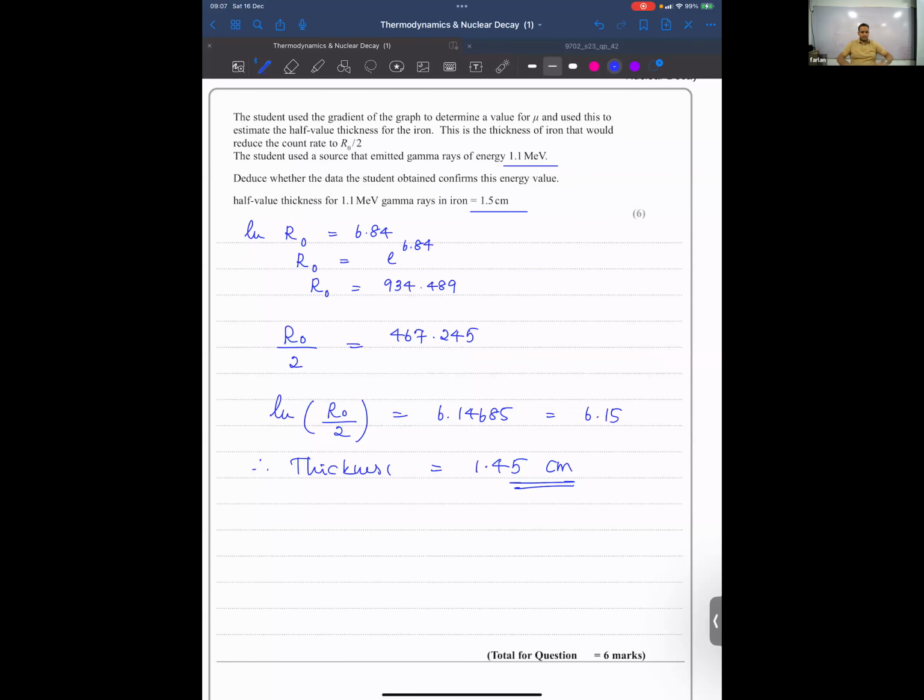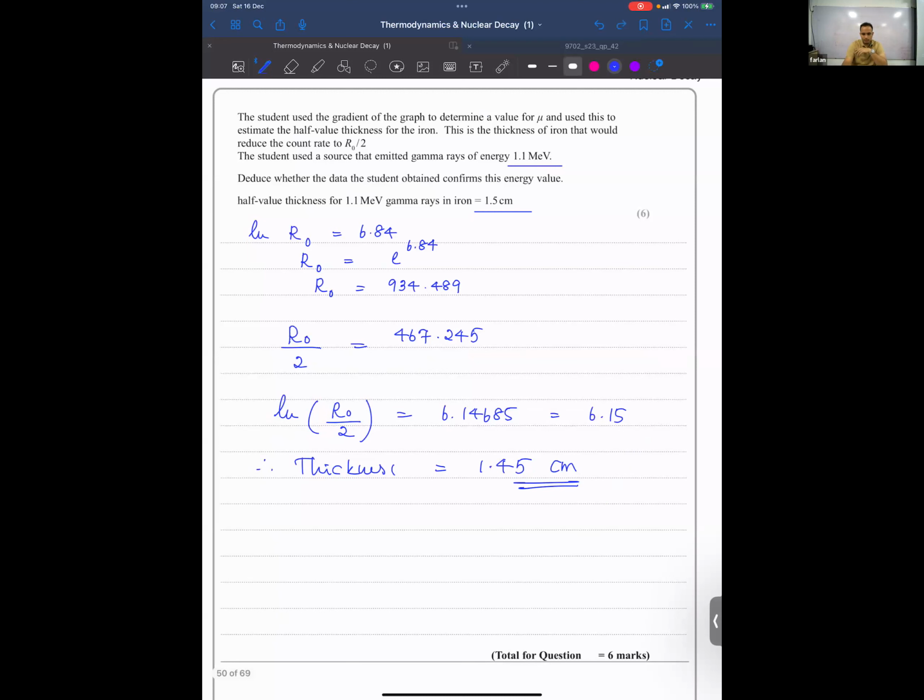So what are they saying? The half value thickness of 1.1 mega electron volt gamma rays is 1.5 centimeters. So what are we told to do? Deduce whether the data the student obtained confirms this is the energy. After getting up to here, your job is done. From the 6 marks, you have got 5 marks. The last statement you can make either way.